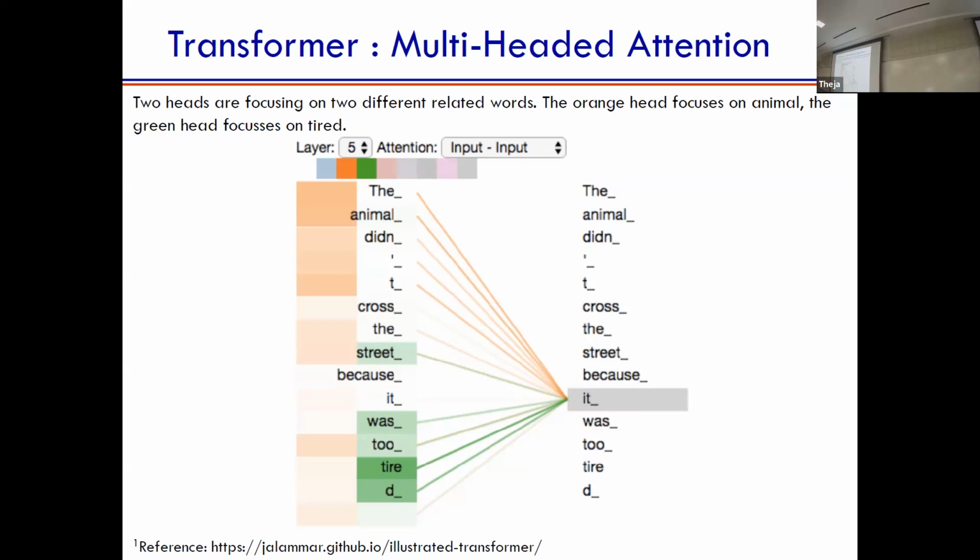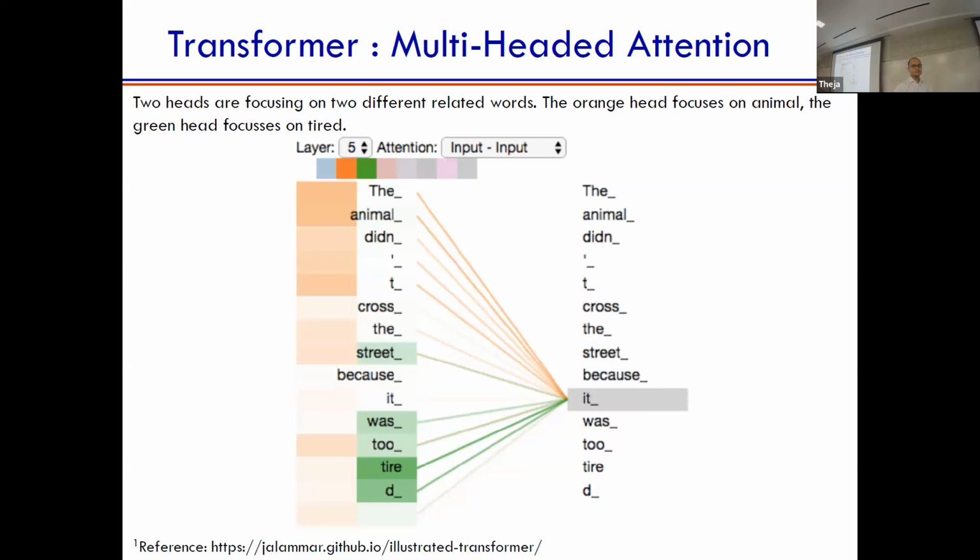For one attention head, the word "it" is getting influenced, the orange one, by words over here. And for the green one, the word is getting influenced by "tired". So it's like it is tired, it is the animal. Some interpretation like that you can potentially make if you don't worry about the layer and all that. That's just some exploratory tool.